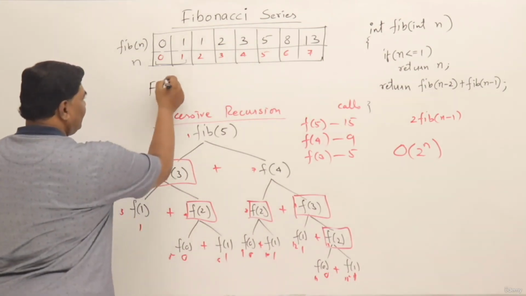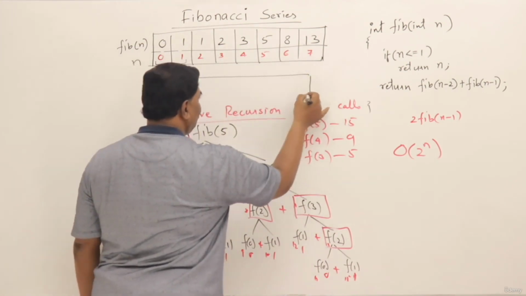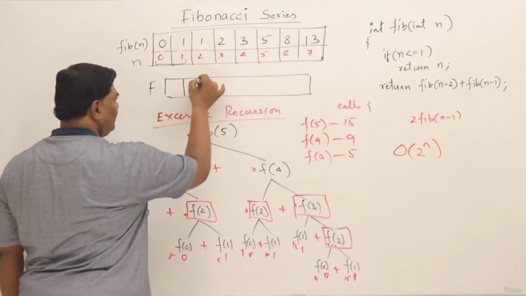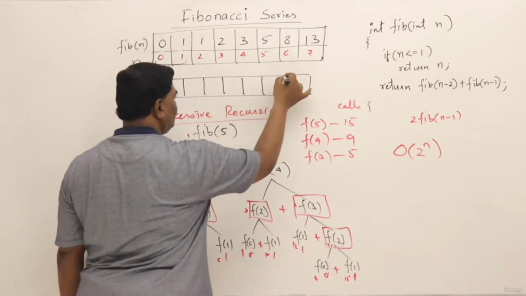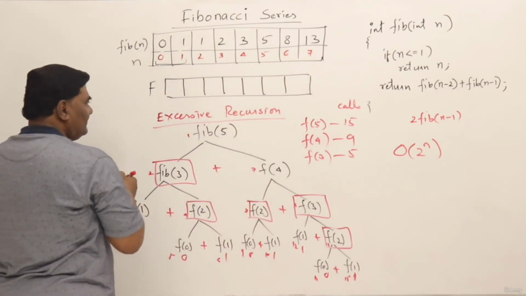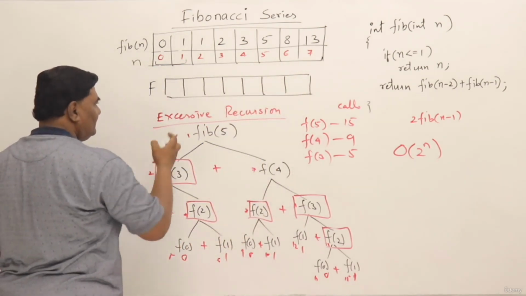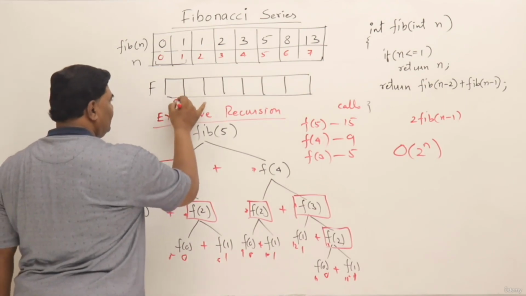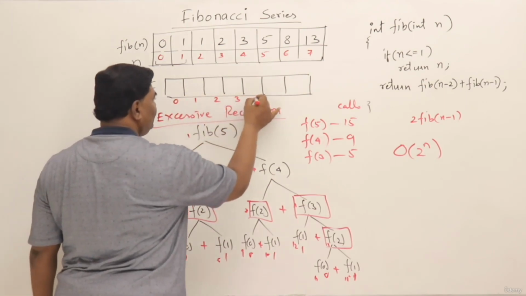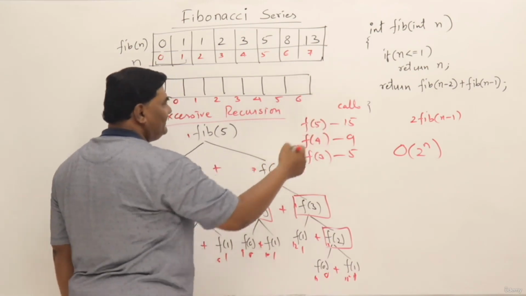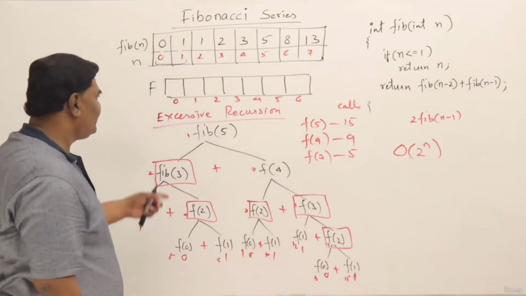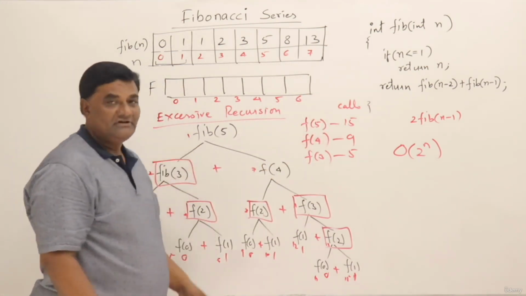Let us take one array, maybe a static array or global array, whatever you want. Index 0, 1, 2, 3, 4, 5, 6, as much size as you want. I have taken some size, we want up to 5.